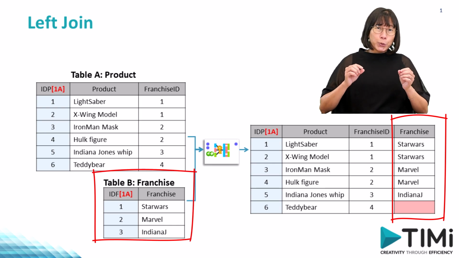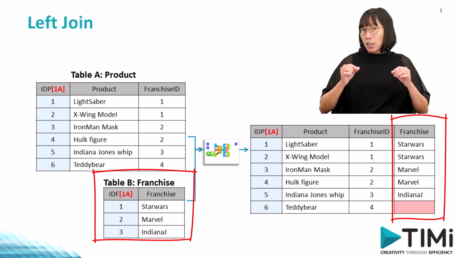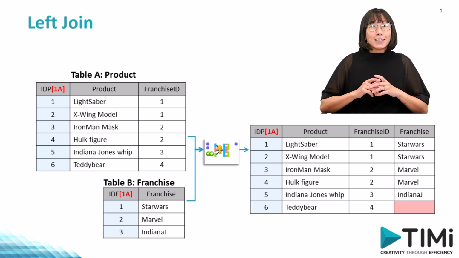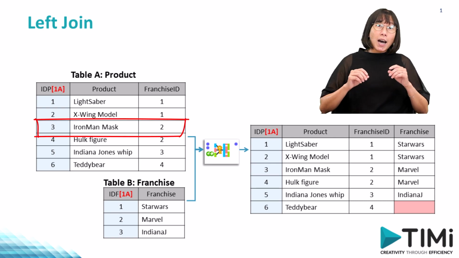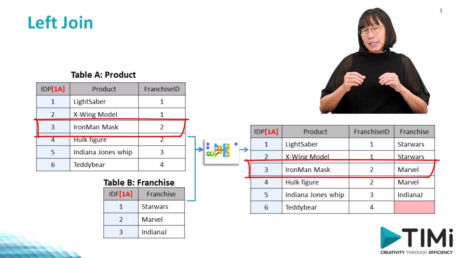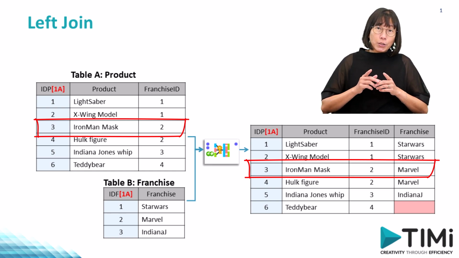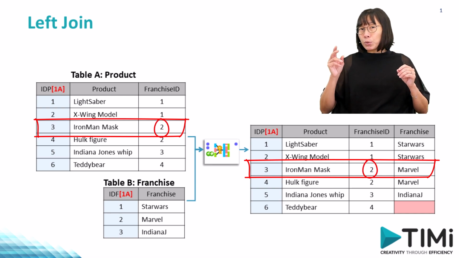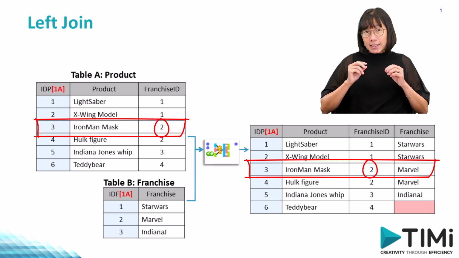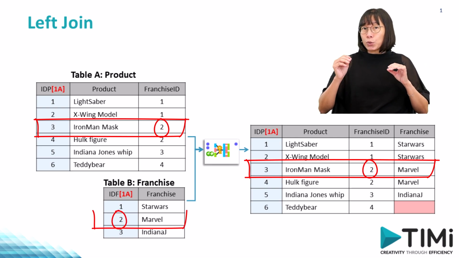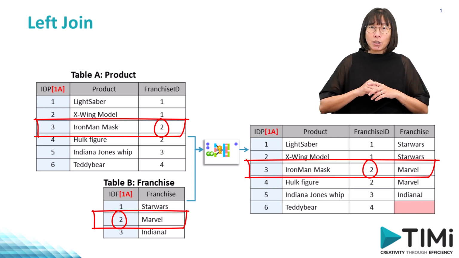How do we compute the content of these extra columns? Let's take an example. Let's look at the row with the Iron Man toy. The same row appears inside the output table of the join. On this row, the foreign key is 2. This means that inside the slave table, we must also look for the row with the same value 2 inside the primary key column.